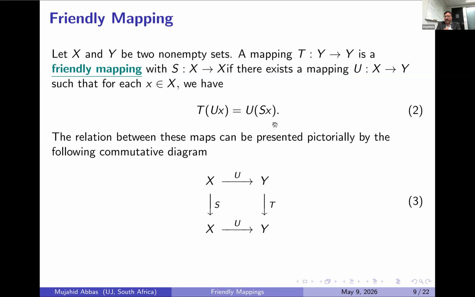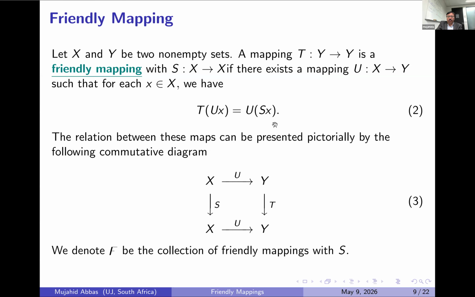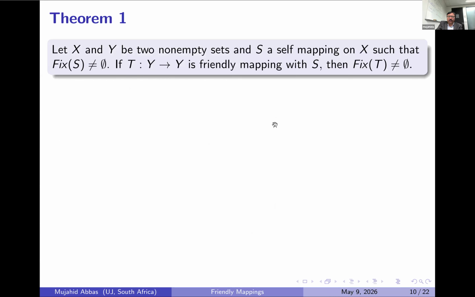First is U and then T. And then again you move from X to Y following a different path. One path is S and the other is U. And if their outcomes are the same, you say your mapping T is a friendly mapping with mapping S. So I denote the collection of all friendly mappings like this.